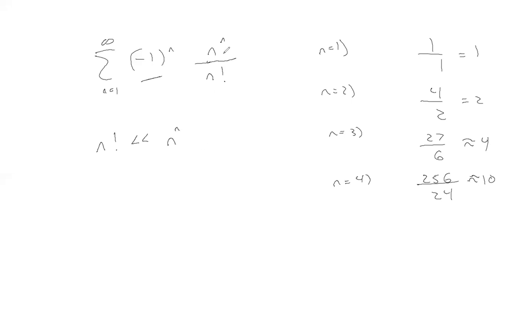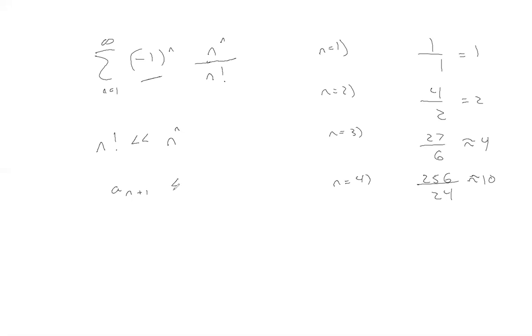So what does that mean in terms of our fraction? This thing on the top is growing a lot faster than this thing on the bottom. So that means my function should be getting bigger and bigger all the time, past a certain point at least. And it looks like it's true from the start. So my terms should be increasing.